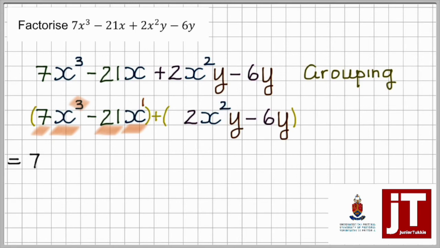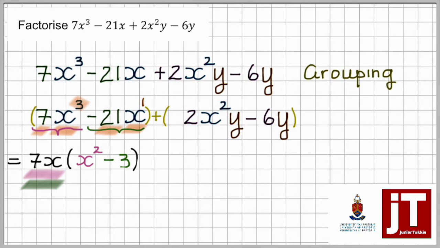Therefore, the highest common factor there is 7x. Once we have identified the highest common factor, we take the first term and divide it by the highest common factor, and we write out the answer we obtain, which is x to the power of 2.